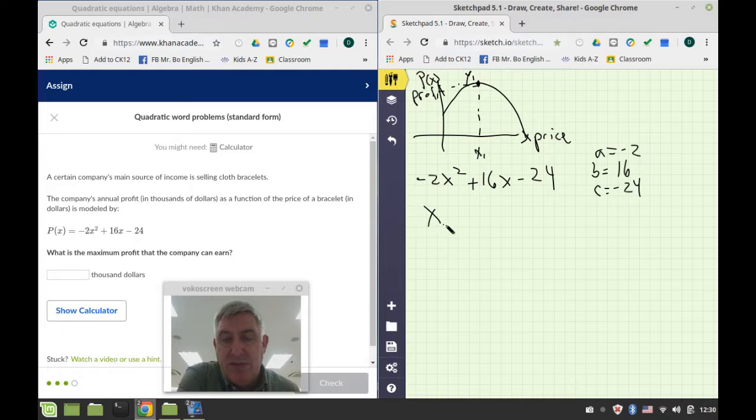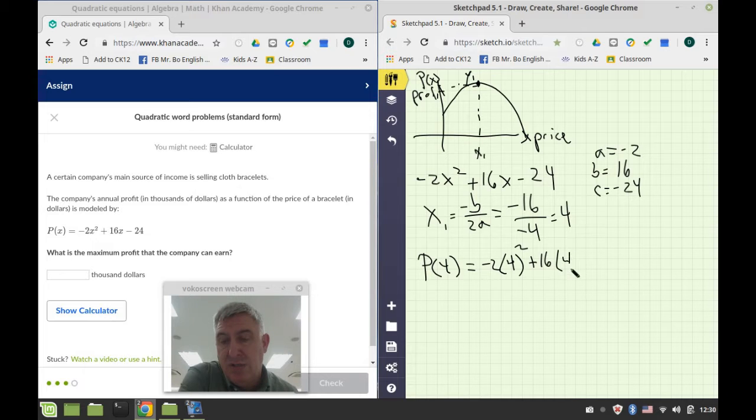And what is that? So x1 is equal to negative b over 2a. And if you forget that, you can go back and look at the quadratic formula and figure it from there. So that is negative 16 divided by negative 4, which is 4. So x1 is 4, and so we need to find p of 4, which is negative 2 times 4 squared plus 16 times 4 minus 24.